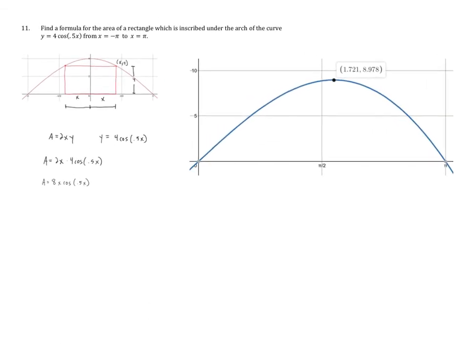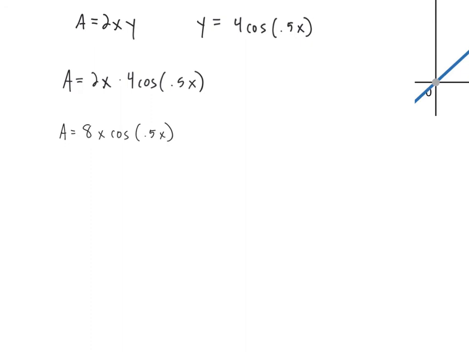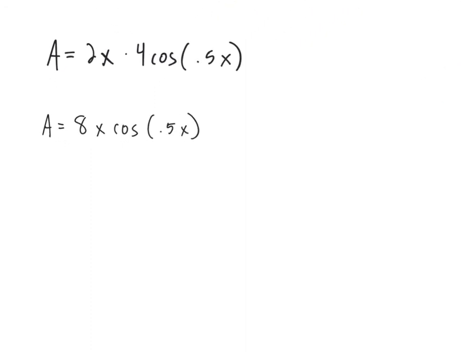Okay, so I don't know what that 1.721 is. Maybe that's the square root of something. Actually, let's see. All right, so let's find critical values by taking the derivative and setting it equal to 0, or figuring out where it's undefined. Here we have to do the product rule. I'll consider this to be one thing and this to be the other thing.